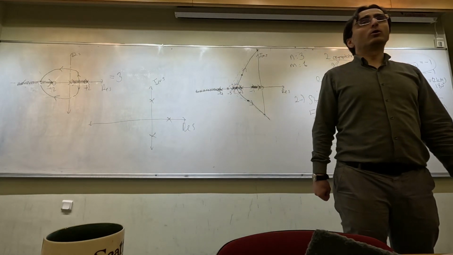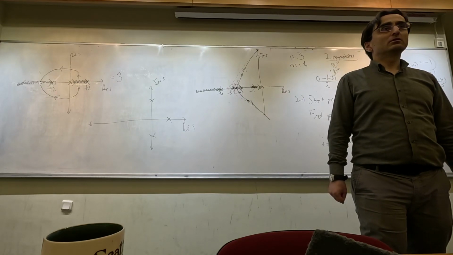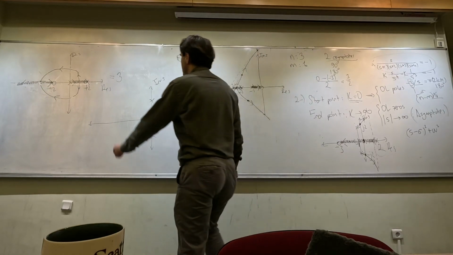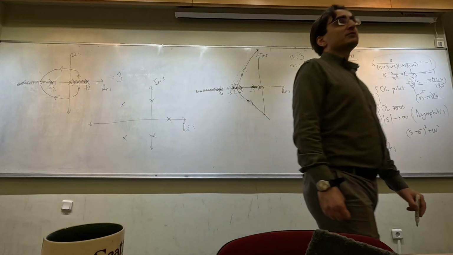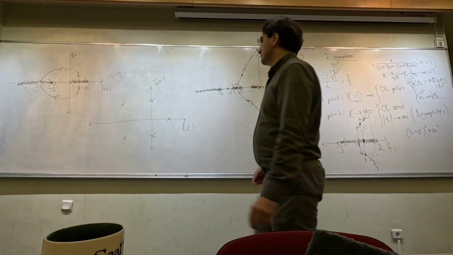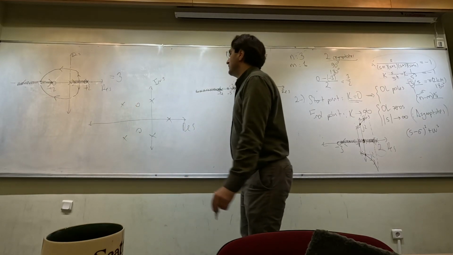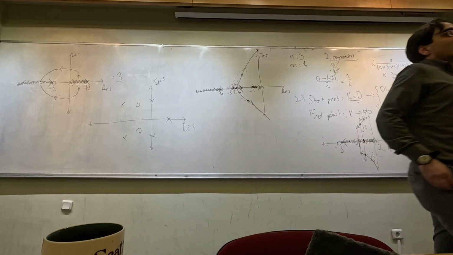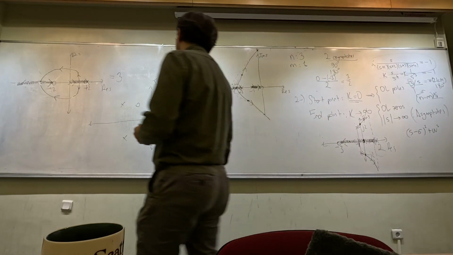Any other open loop pole? Do you want any more? Okay. Tell me zero places. Open loop zeros. Like this? Okay. So here this is our open loop pole and zero topology.